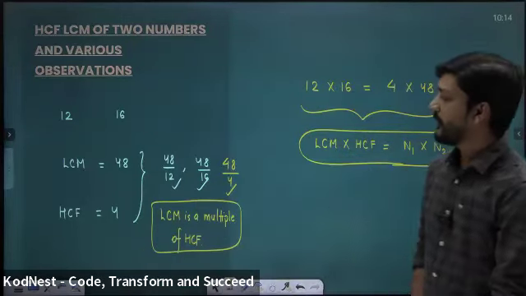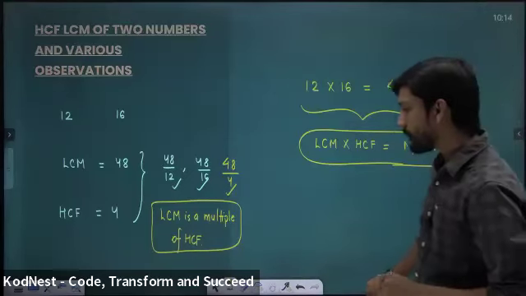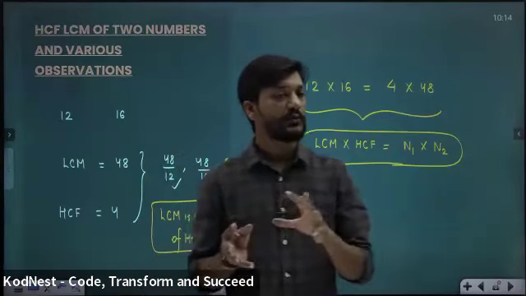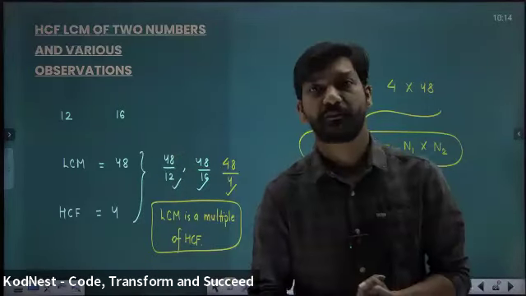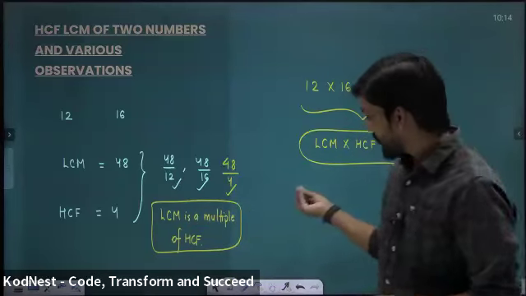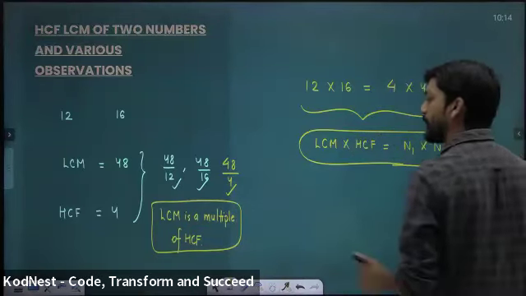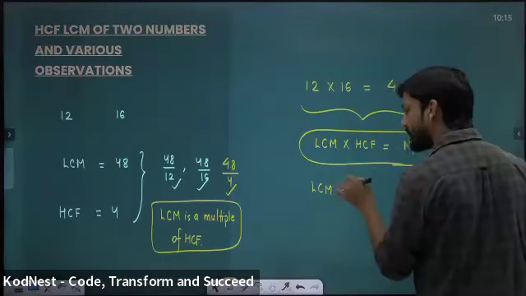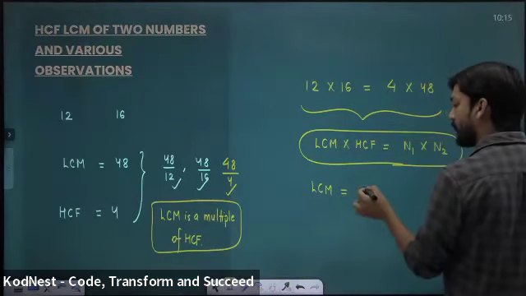All right. Now one more thing. LCM is a multiple of HCF. I want to write this mathematically. I have written a statement, I don't want a statement, I want a mathematical expression for this. Okay, multiple.